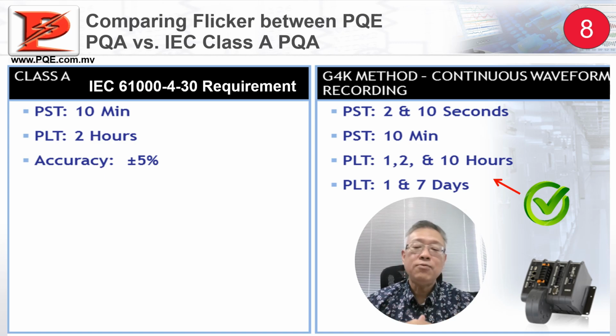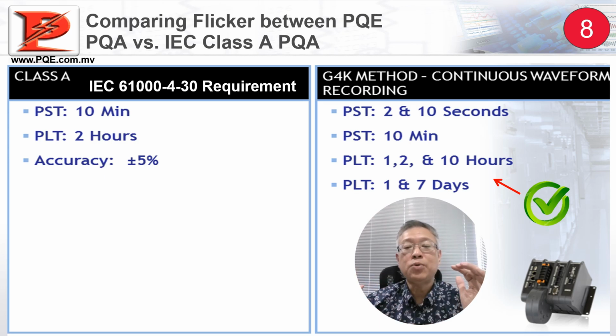So why do we need to go beyond IEC? Because, for example, for the short-term severity index, some processes are much shorter than 10 minutes. If you go up to 10 minutes, you will dilute the value. So if some process is 2 seconds, then you go for 2 seconds, which is very appropriate, and it will give a correct flicker index. It will not be diluted, right, as compared to 10 minutes. So you can't use 10 minutes for a 2 second production cycle.